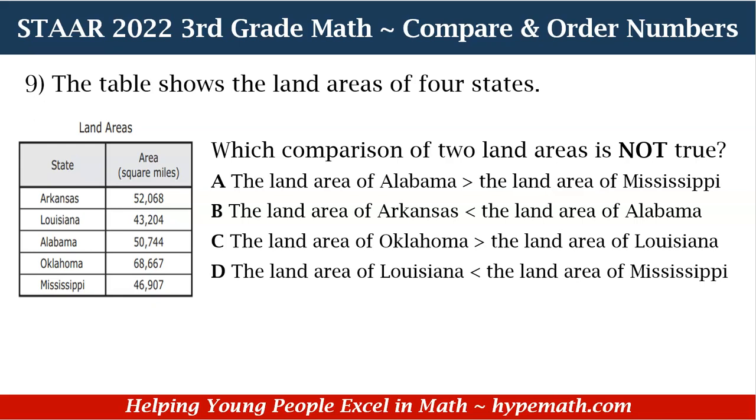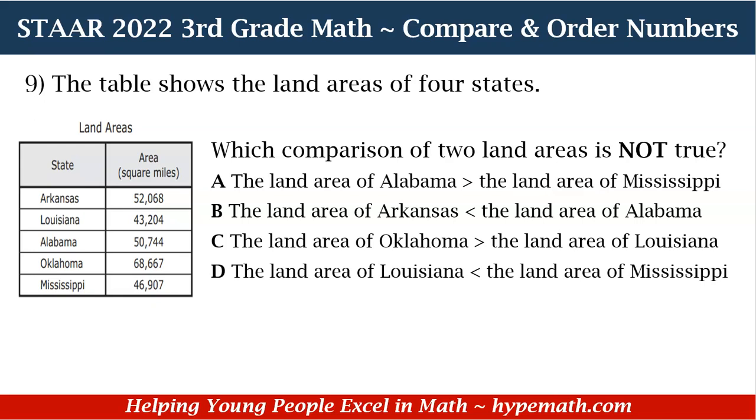A says the land area of Alabama is greater than the land area of Mississippi. B, the land area of Arkansas is less than the land area of Alabama. C, the land area of Oklahoma is greater than the land area of Louisiana.